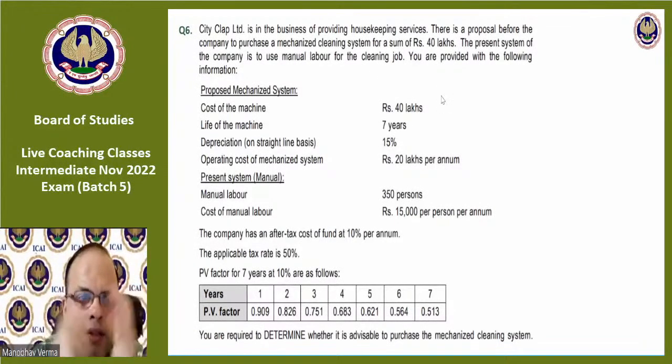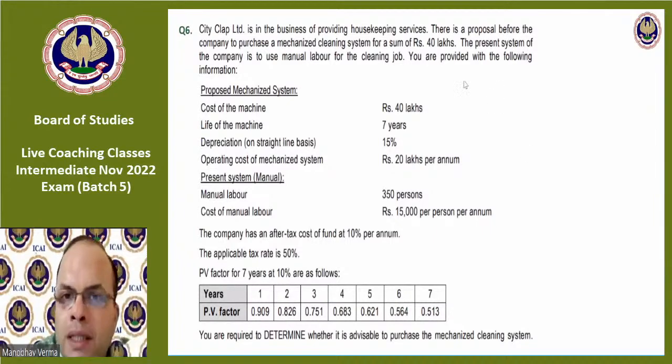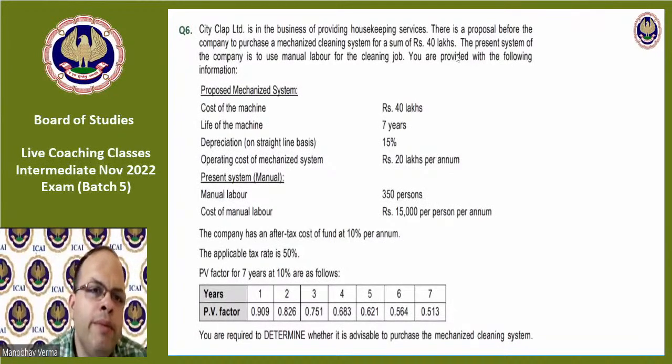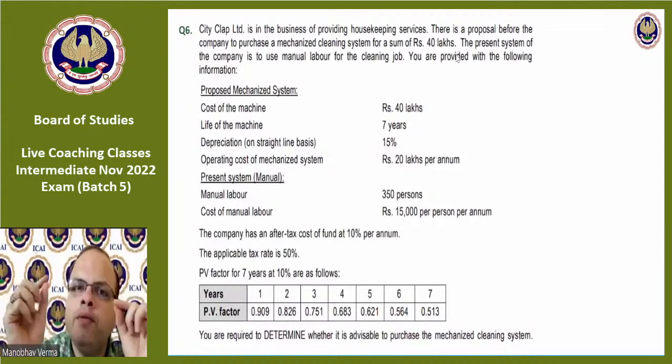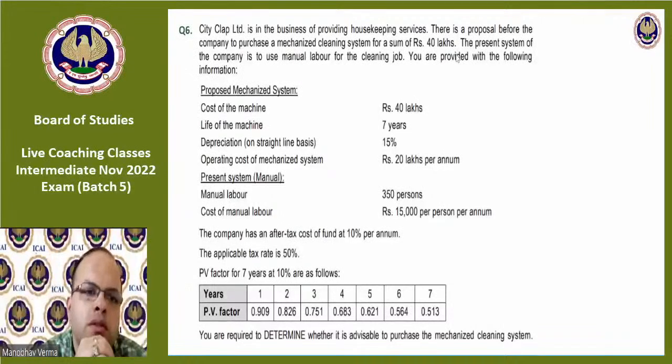Okay, coming to this, the requirement is we have to determine whether it is advisable to purchase the mechanized cleaning system. You need to tell me, what can we compare here? I would compare the cost first, and then the cash flows as well.